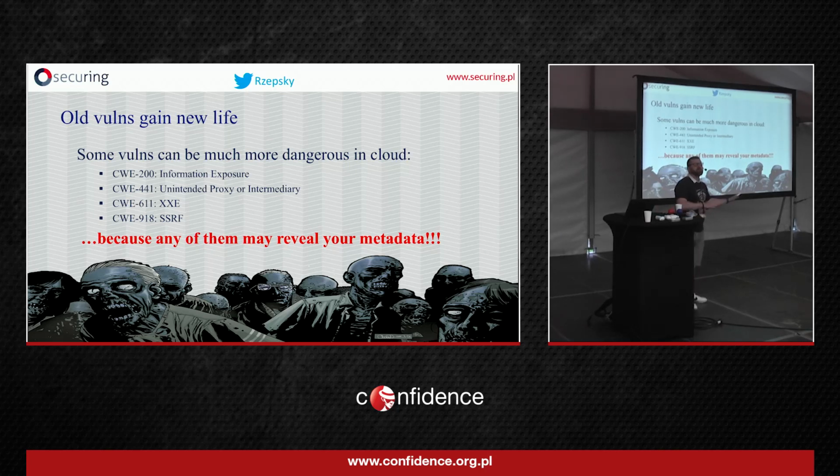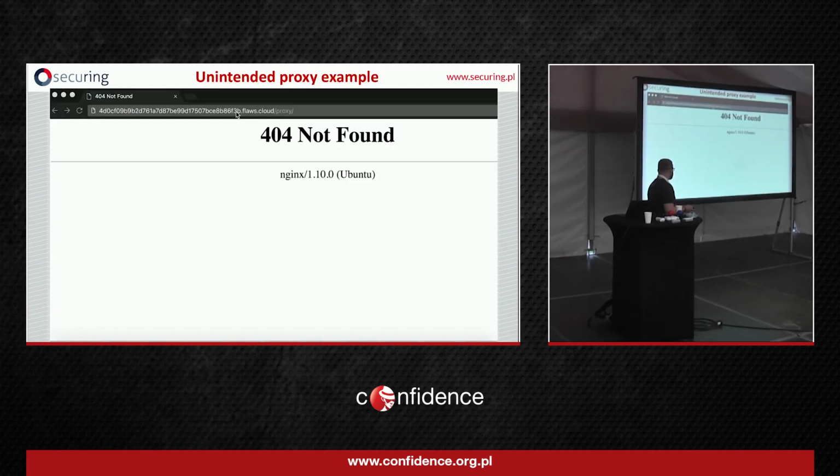There is a web application, and your customer says, okay, my application doesn't interact with any other services. There is no backend. There is no DMZ. So I can accept the risk of server-side request forgery. Okay, but then they move to the cloud, and using the same vulnerability, you can access the metadata.